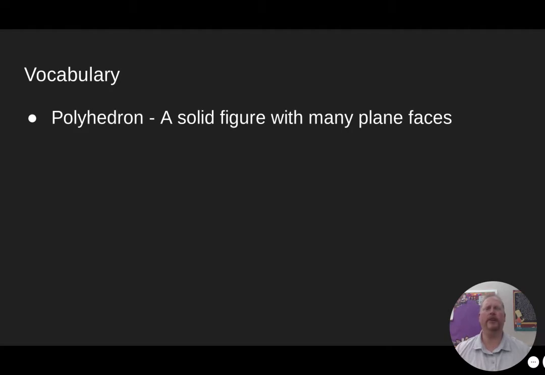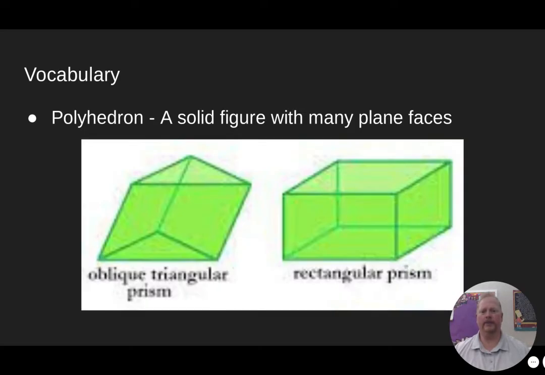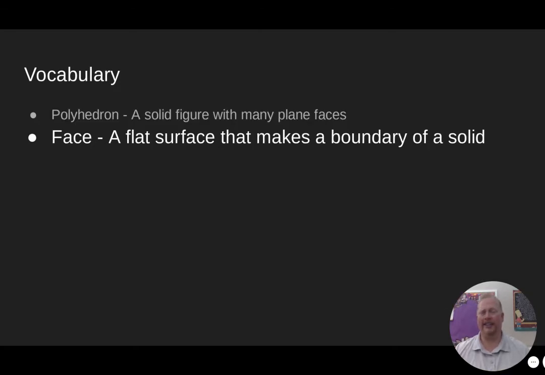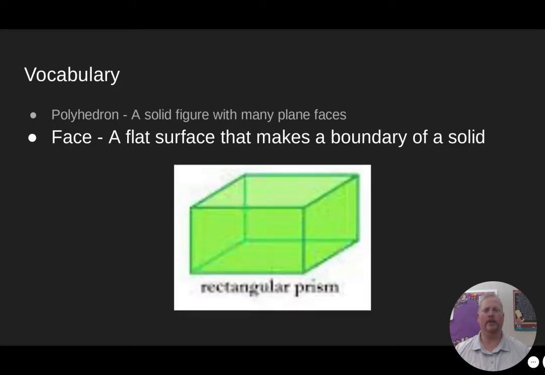So let's get into some vocabulary. First off, you need to know that a polyhedron is a solid figure with many plane faces, basically a three-dimensional shape that takes up space. So these are all polyhedron. A face is the name given to the flat surface that makes a boundary of a solid. So if we go back to a shape like this, this shape has 6 faces.